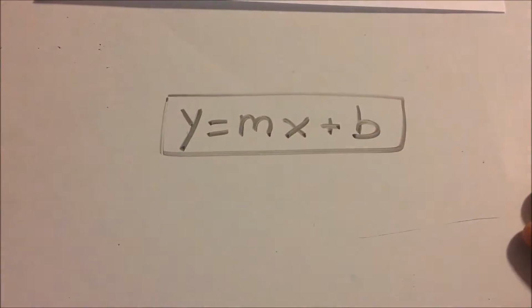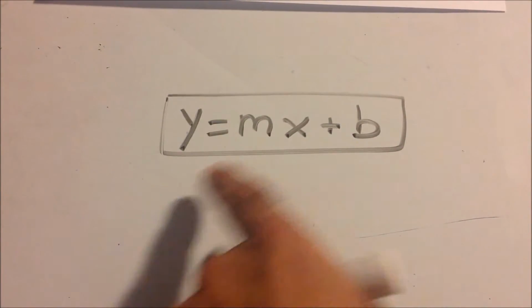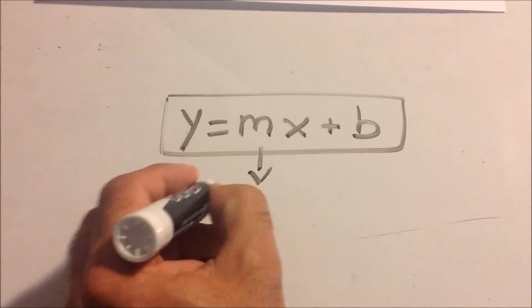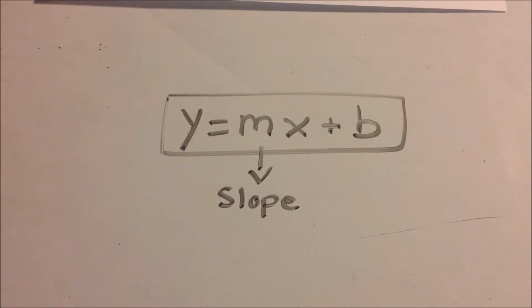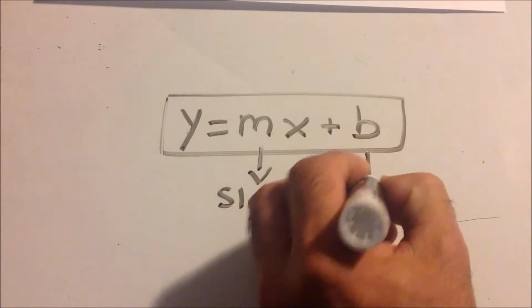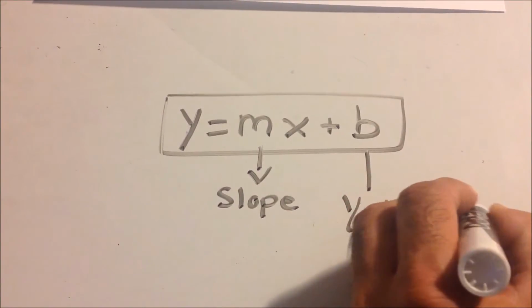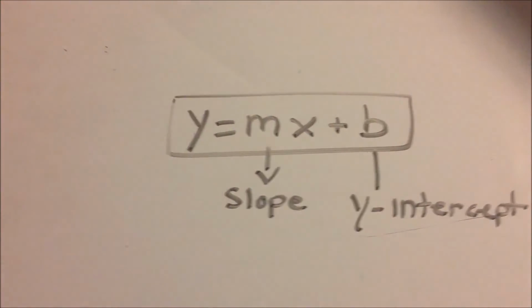So we have these variables here that show a linear equation on a graph, a straight line on a graph. The M represents the slope. Again, that's how steep the line is. The B is going to represent the y-intercept. That's where the line crosses the y-axis.